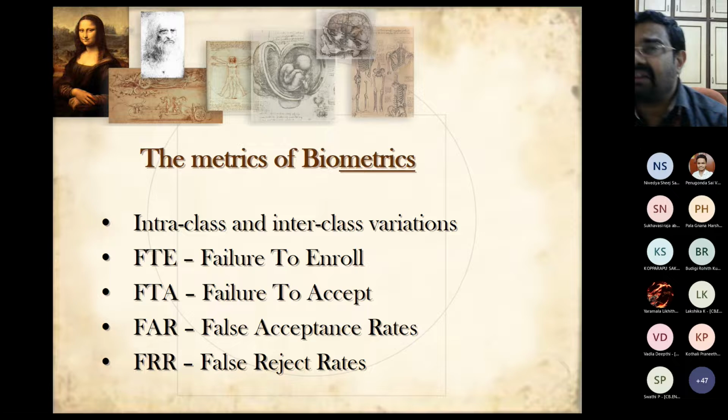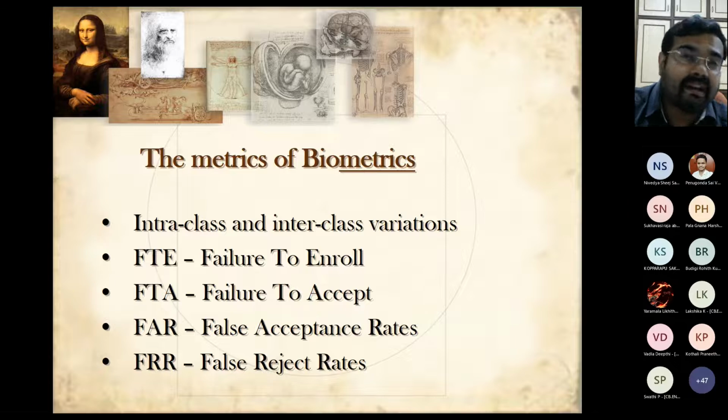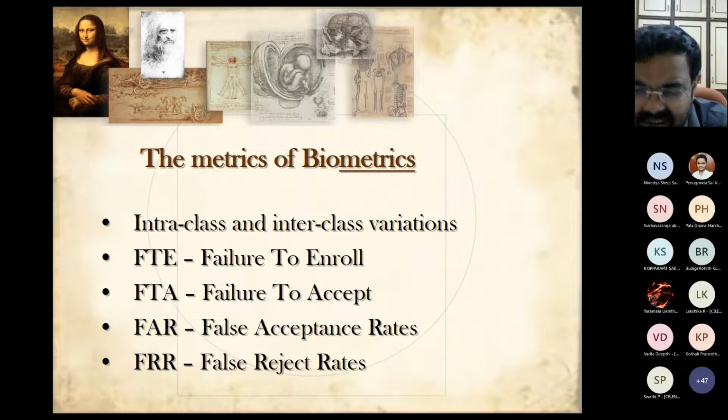The others are not so good. In some, you may have a FAR of 2, that means 2 out of 100 people are falsely accepted. A FAR of 5, 5 out of 100 people are wrongly rejected or falsely accepted. All this is absolutely unacceptable. You need to have the lowest possible FAR and the lowest possible FRR.